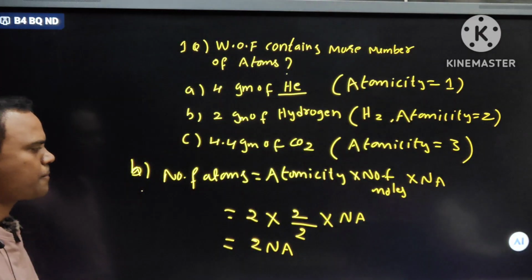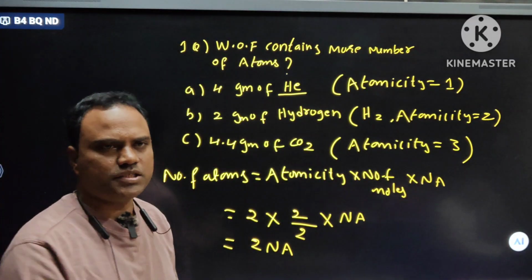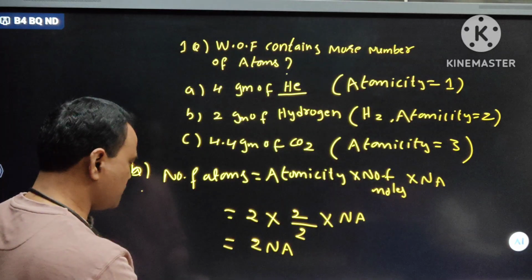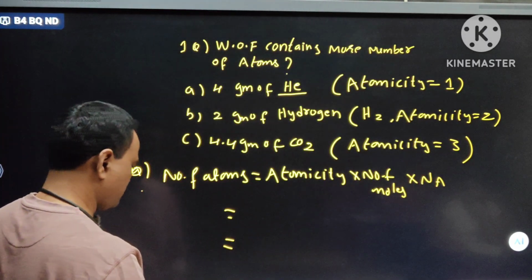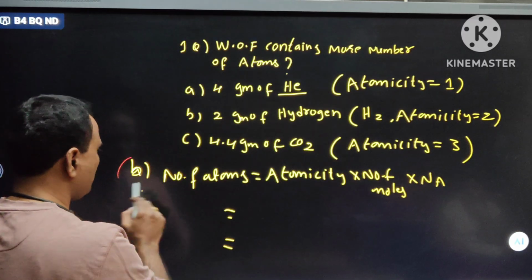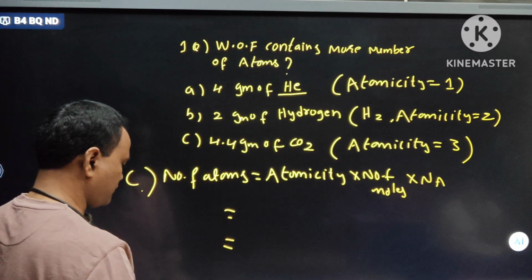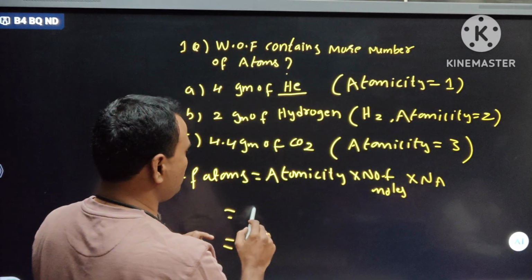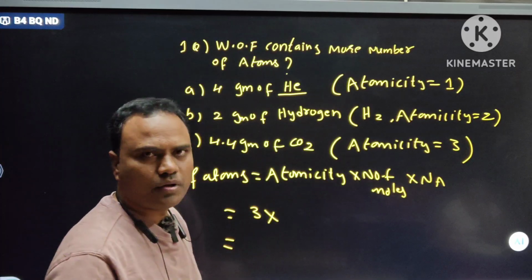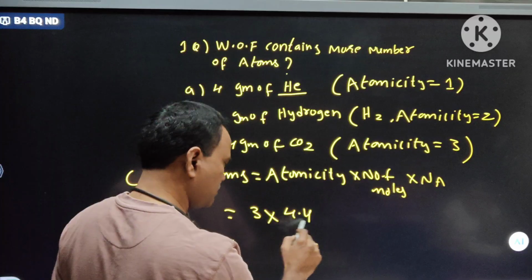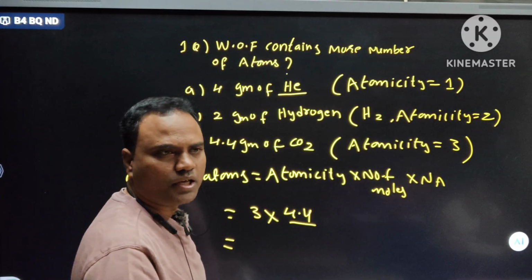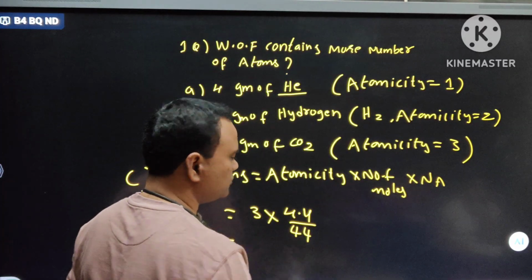Similarly, let us check the third option. First option Na, second option 2 Na. For the third option, option C: atomicity of CO2 is 3, into number of moles, weight by molecular weight of carbon dioxide, 44.